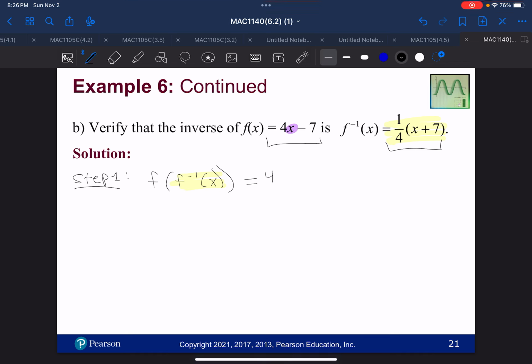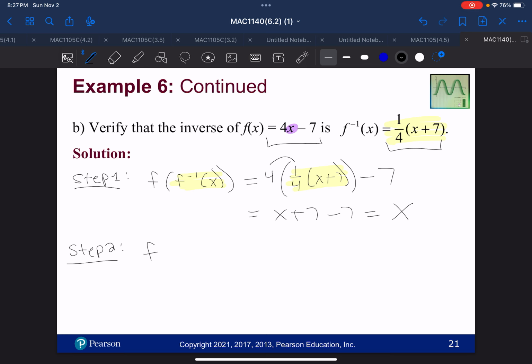So this would be 4 times (1/4 x plus 7) minus 7. So I just plug that into my function of f. And when I multiply the 4 in there, that'll cancel with that fraction. That's equal to 1, so that'll just leave me with x plus 7 minus 7, which is equal to x.